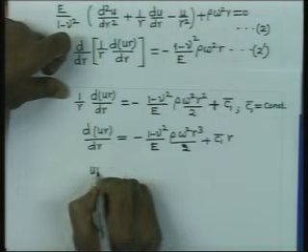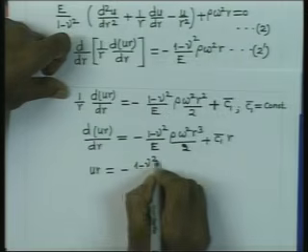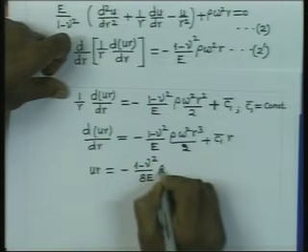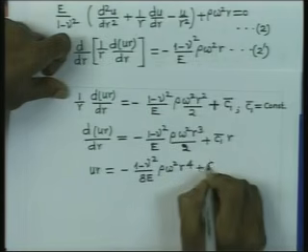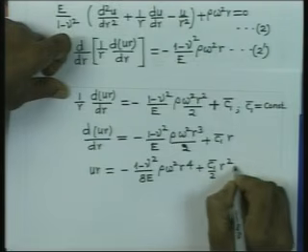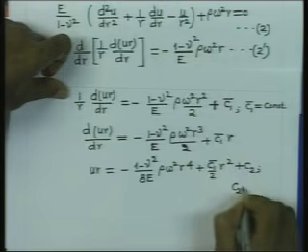So, further integration will give us ur is equal to minus 1 minus nu square by 8E rho omega square r4 plus C1 bar by 2 r square, and we can bring in another constant C2.